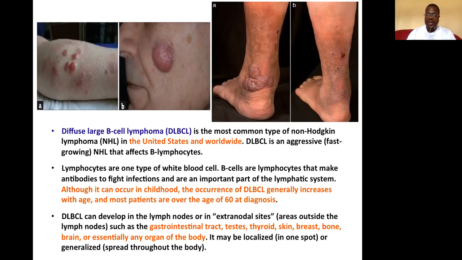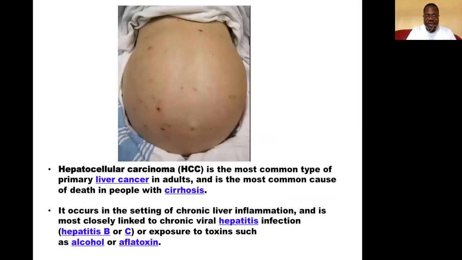It means that outside the lymph node, there are other areas that are affected, like your gastrointestinal tract, your testis, your thyroid, your skin, as we can see in this patient, breast, bone, the brain, and any other organ of the body can be affected with this virus. Now, those are the 3 types of cancers that are caused by EBV, Epstein-Barr virus.